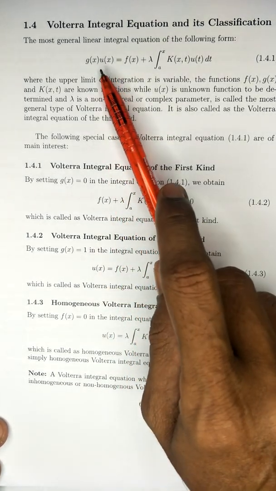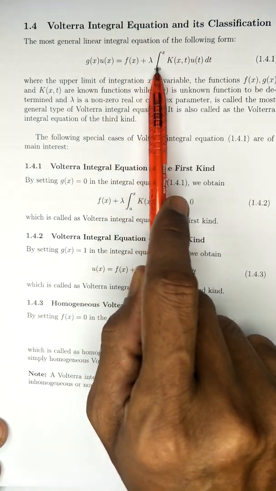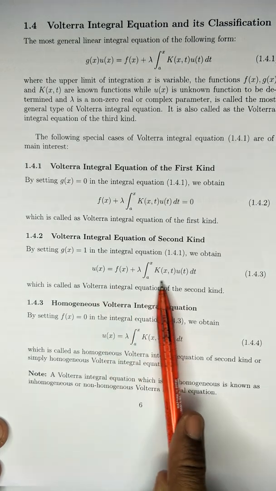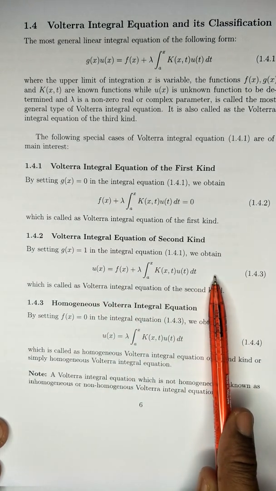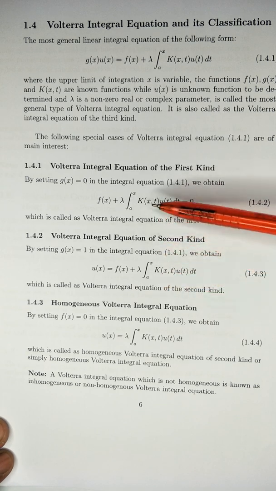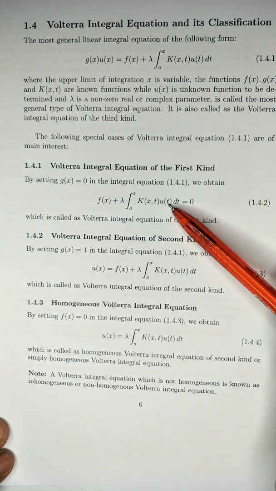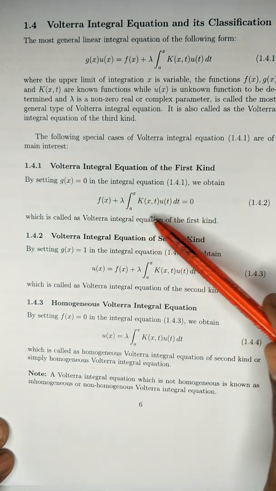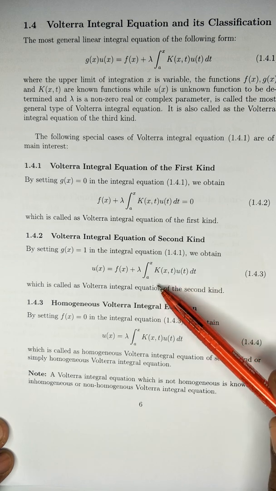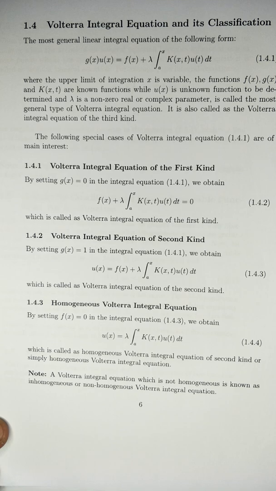If we set g equal to 1, we have u(x) equal to f(x) plus lambda times the integral. This is the Volterra integral equation of the second kind. We can see the difference: in the first kind the unknown appears only in the integral sign, whereas in the second kind the unknown appears in the integral sign as well as outside it.